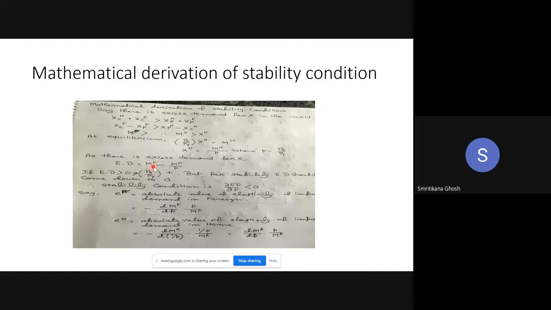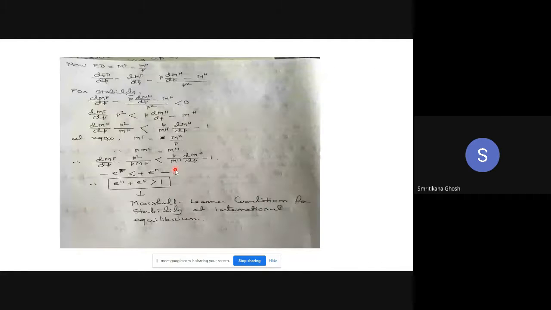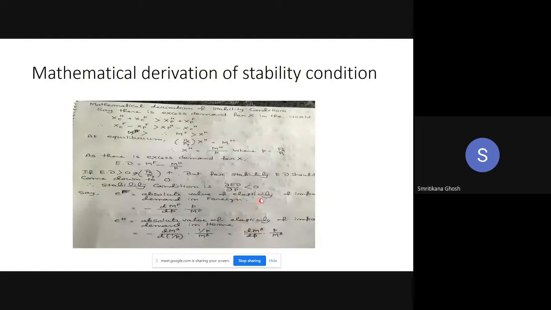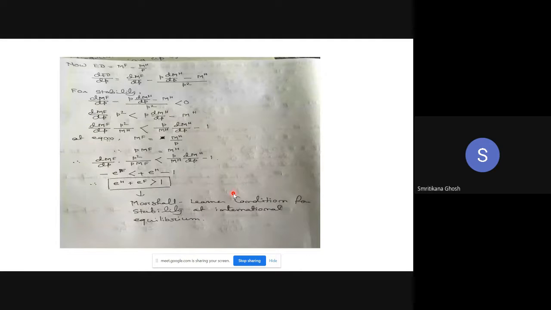We already have it, so just write it here, and then differentiate with respect to P, because you just try to find out the value of dED/dP. Because if dED/dP is less than 0, then only your equilibrium is called a stable equilibrium. That is why we have to find out the value of dED/dP and check whether it is less than 0 or not.